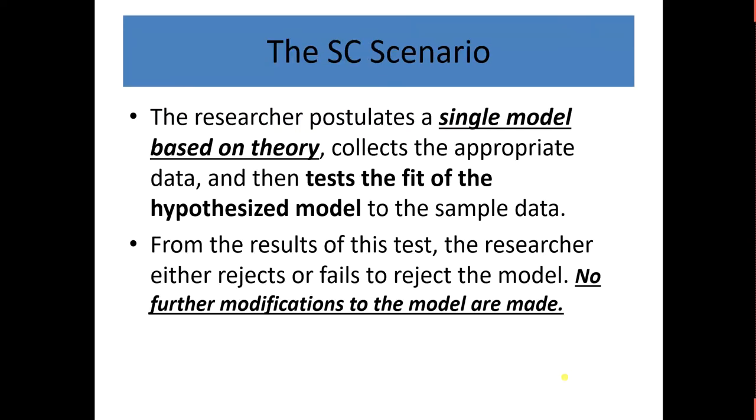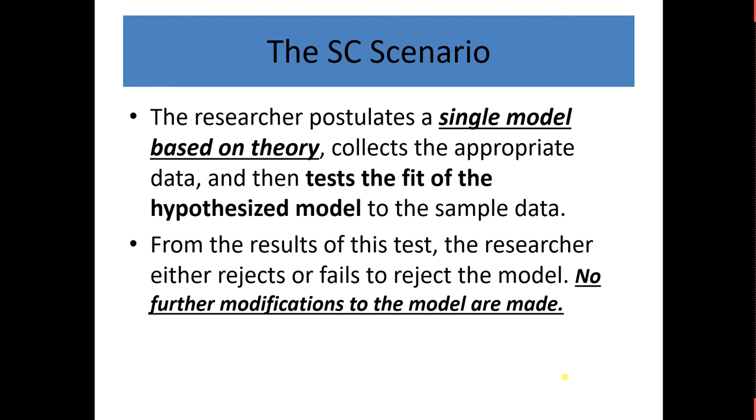In strictly confirmatory scenario, we define a single model based on some theory. Then we collect data, test the model fit of the hypothesized model, and if the model fits, then we accept the model, and if the model is not fitting, we reject the model.